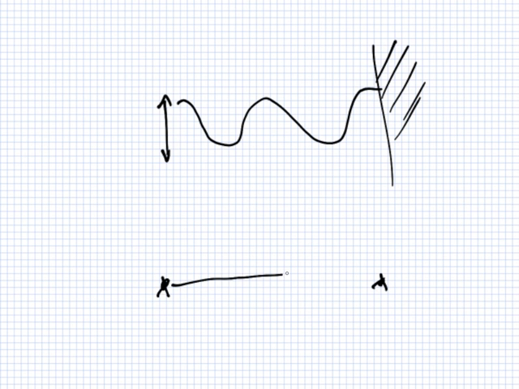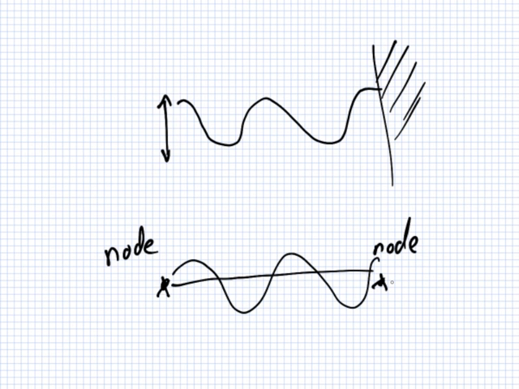So these must be nodes at the end if they're fixed. Whereas if I'm moving it with my hand, this here must be a node, but this one here could be an antinode, or it could also be a node. We're going to see different situations with different ends. So if it's a string from a musical instrument, the ends must be nodes.